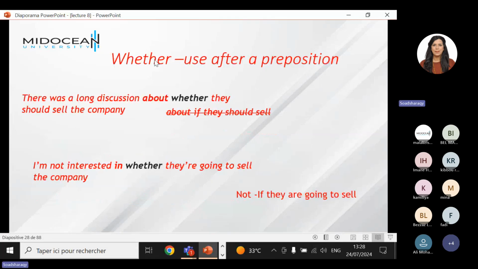Whether is also used after a preposition. There was a long discussion about whether they should sell the company. And we can't say about if they should sell. Another example: I'm not interested in whether they're going to sell the company.